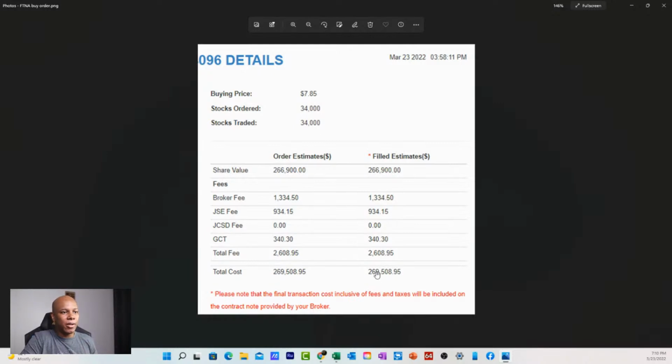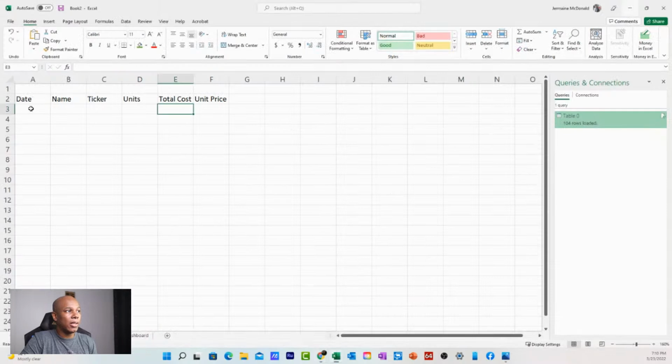But if you notice here, when the order was filled, my total cost was $269,508.95. So what I'm going to do is just simply take this value, divide it by the units, and that's going to give me my unit price per share. All right, let me know in the chat if you're following me. All right, so that's the value that we're working with.